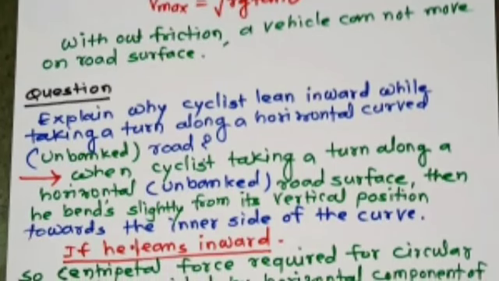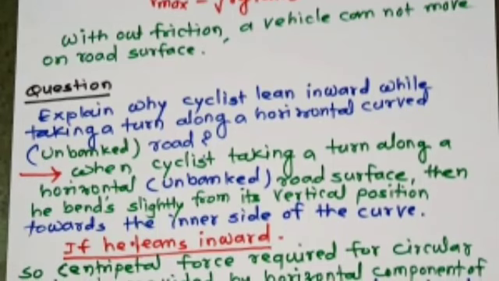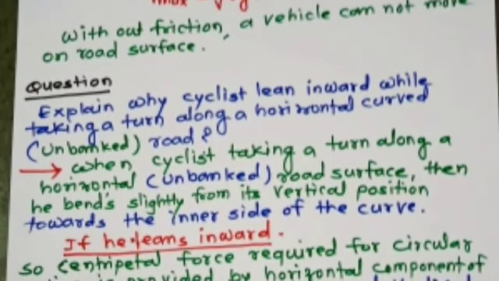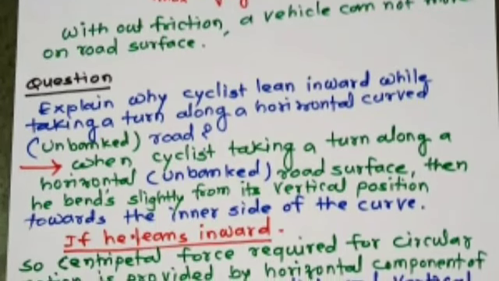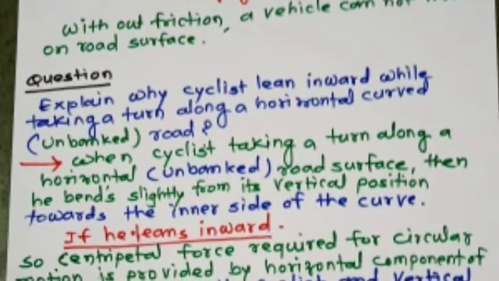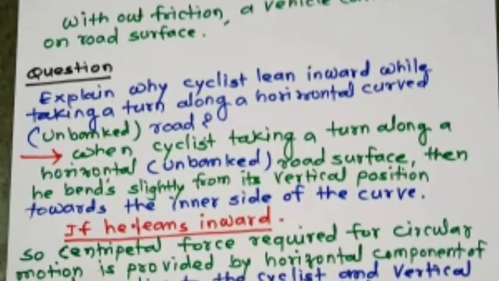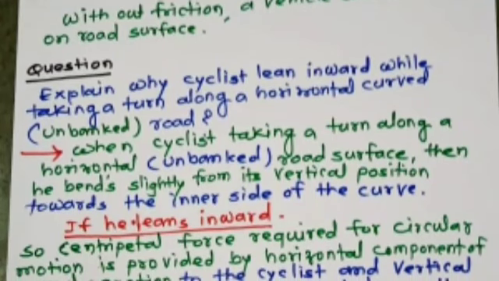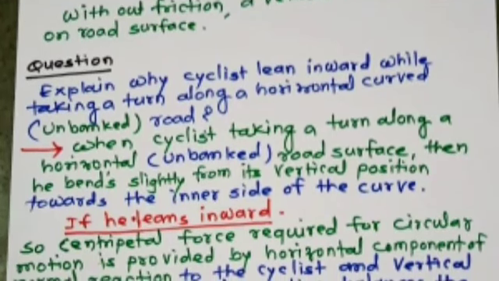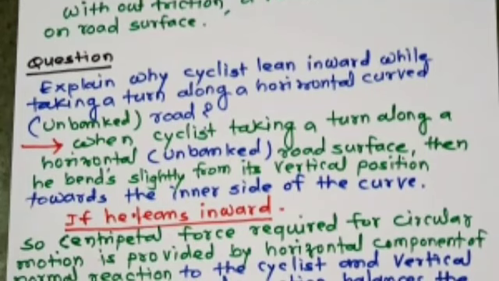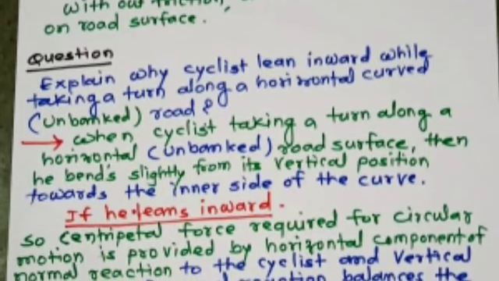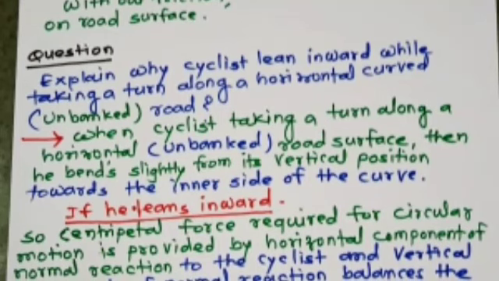If he leans inward, the centripetal force required for circular motion is provided by the horizontal component of normal reaction to the cyclist, and the vertical component of normal reaction balances the weight of the cyclist.